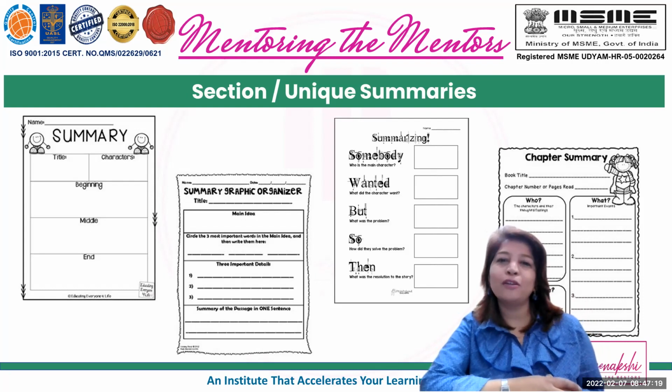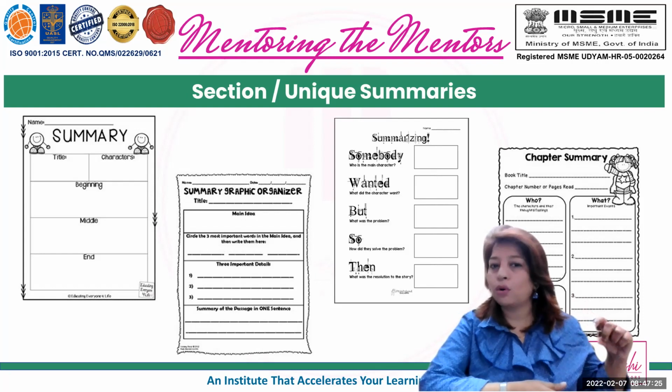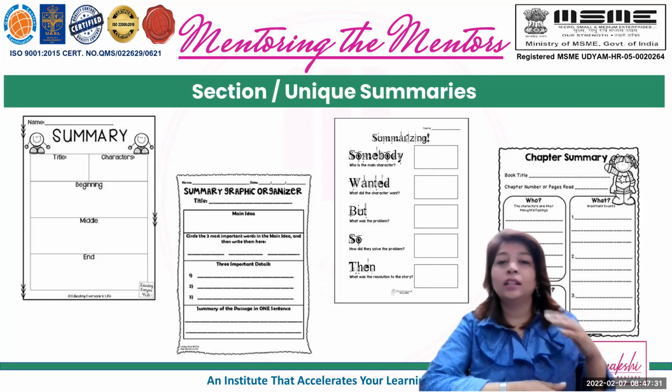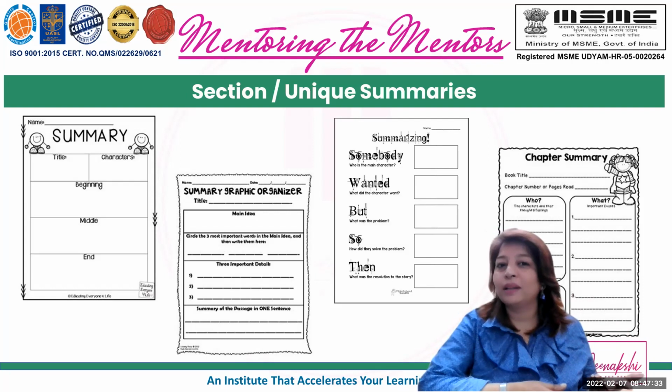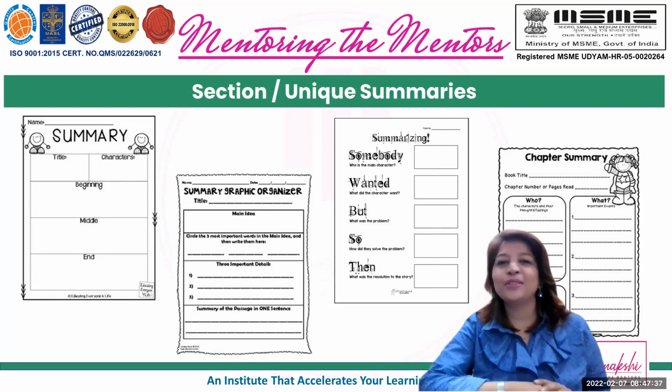This is again a wonderful strategy for summaries. Somebody: whom are you talking about? The main character in the story. Wanted: what was the objective? But: what were the problems? So: what were the solutions sorted out by them? Then: what happened at the end? This is how they can come up with innovative summaries.